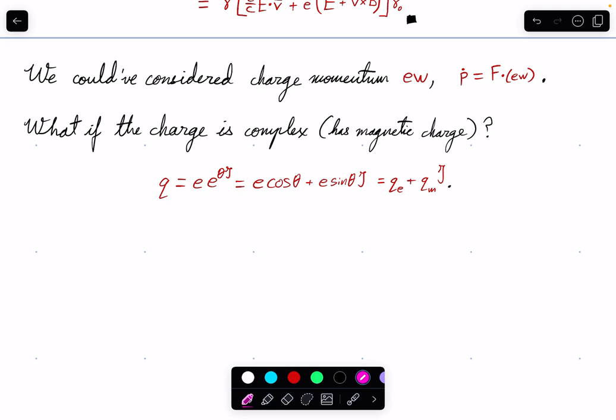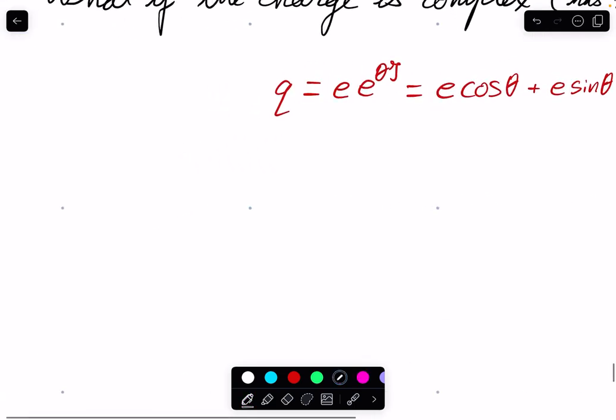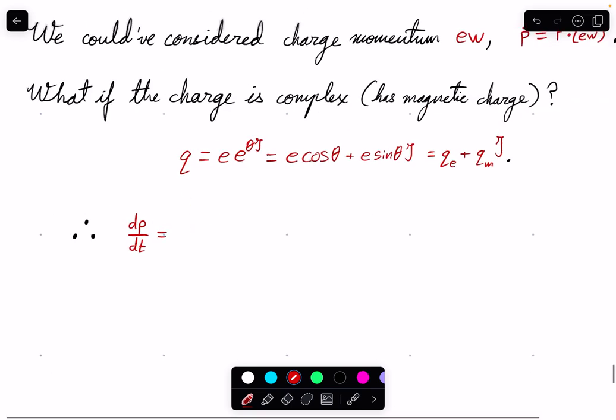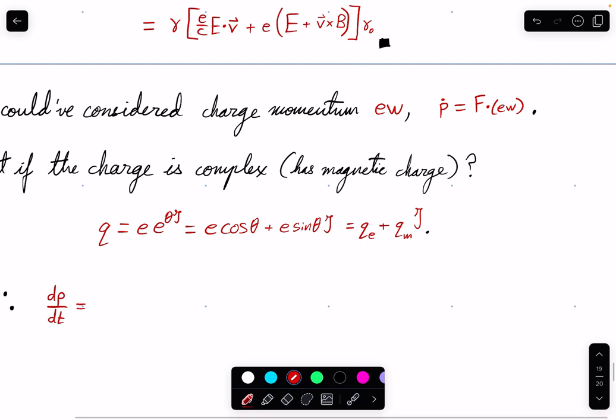So what if we were to consider the magnetic force law there? So the force would be the change in time of momentum, and we're going to consider using this approach right here where we're actually going to have the charge momentum and it's going to be complex.